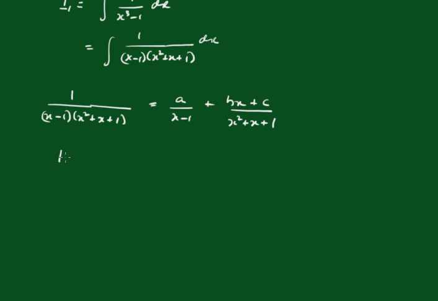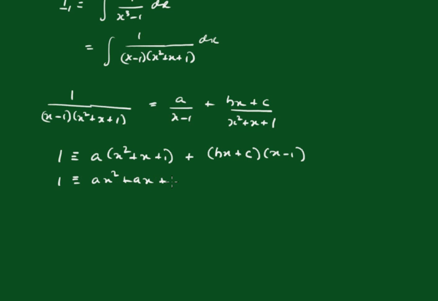So 1 is identically equal to a into (x squared plus x plus 1) plus (bx plus c) into (x minus 1). Removing these brackets, we get ax squared plus ax plus a plus bx squared minus bx plus cx minus c.